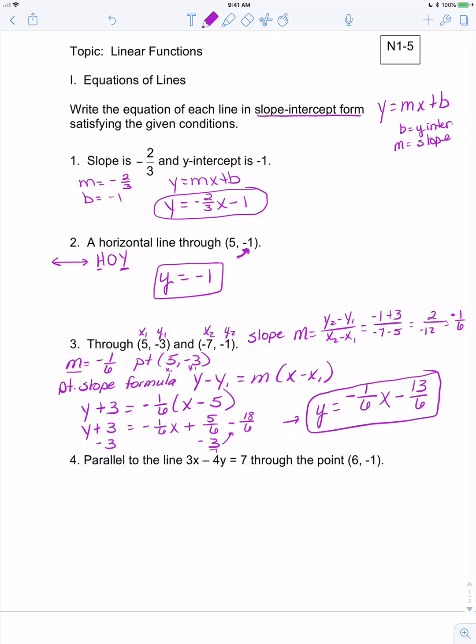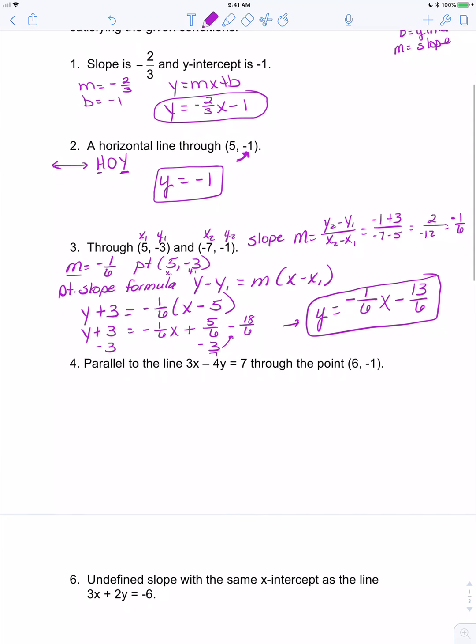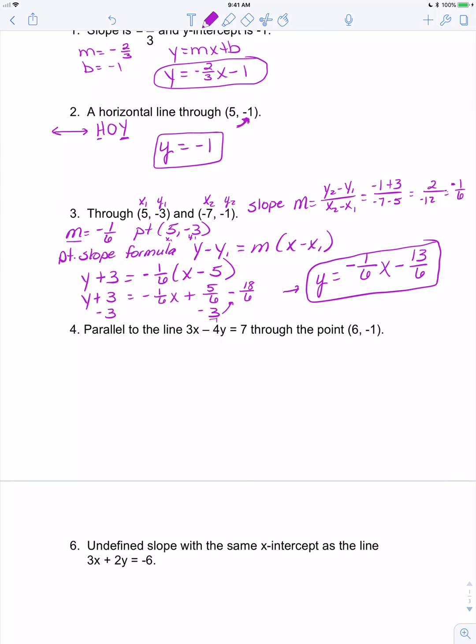There's your formula. Okay, so now it's parallel to the line 3x plus 4y is equal to 7, and it goes through the point 6, negative 1. Anytime we see this word parallel, we should automatically be thinking it's got the same slope. What's the slope of this equation?